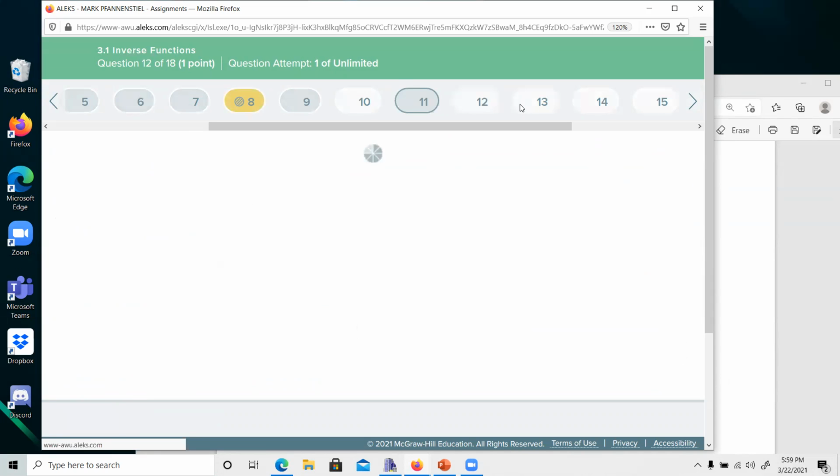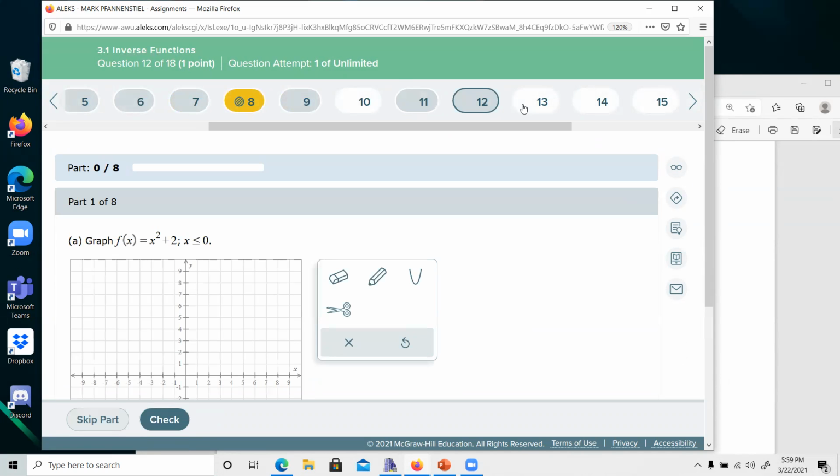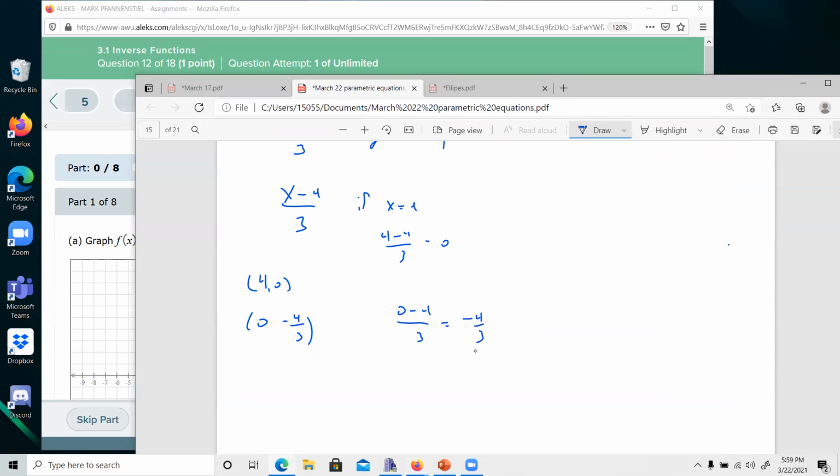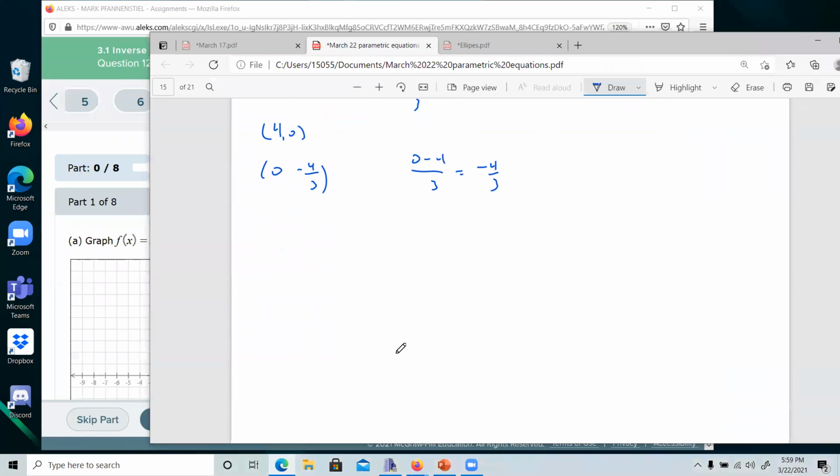Do we have one that's not linear? Okay. x squared plus 2, but x is less than 0. So in this case, we're going to say, well, f of x is equal to x squared plus 2, but we're going to go on the other side of this thing.